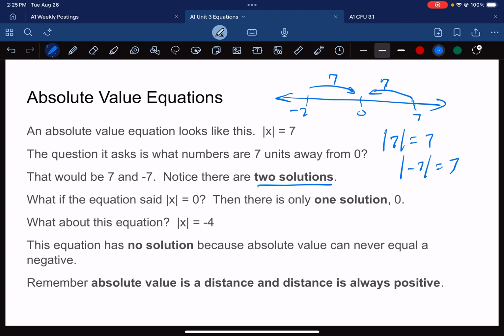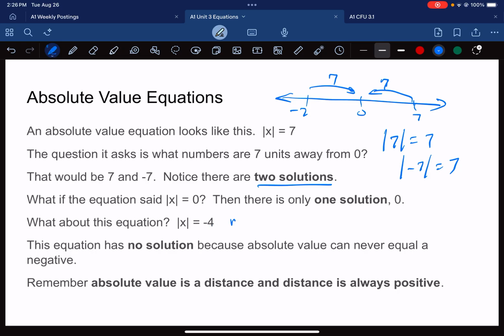You don't always have two solutions, though. What if it said, what's the absolute value if x equals the absolute value of 0? Well, then there's only one solution. 0 is the only thing that's 0 units away from 0, right? Its distance from itself is 0. But look at this equation. This is saying what numbers have an absolute value of negative 4?